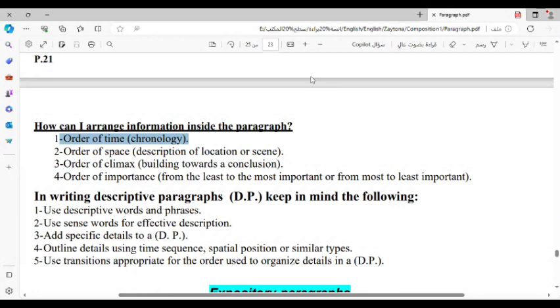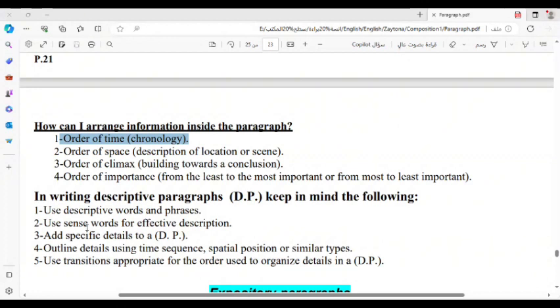And in writing a descriptive paragraph, keep in mind the following. Use descriptive words or phrases. We mentioned this before. We need to describe using some adjectives. Use sense words for effective description.